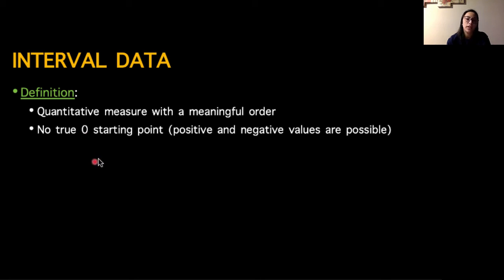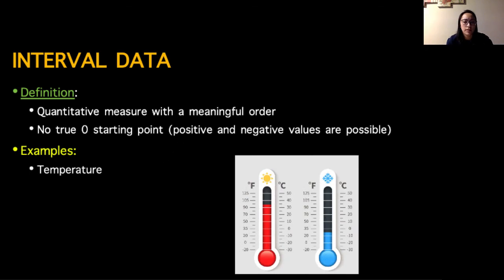So for interval data, you can have both negative and positive values within the same scale. Common examples of interval data are temperature. If you think of 0 degrees, that is an actual degree. It's not the starting point of our temperature scales because we can go both above 0 degrees as well as below 0 degrees.